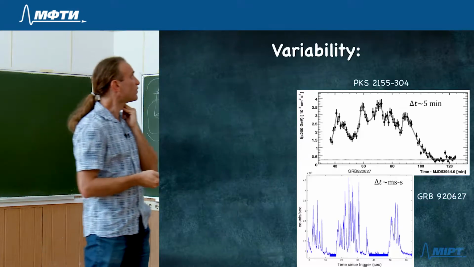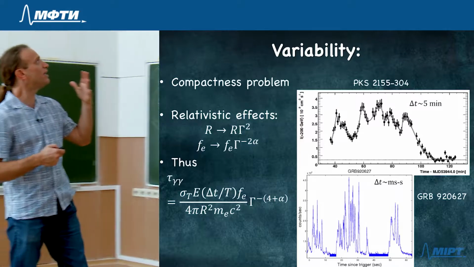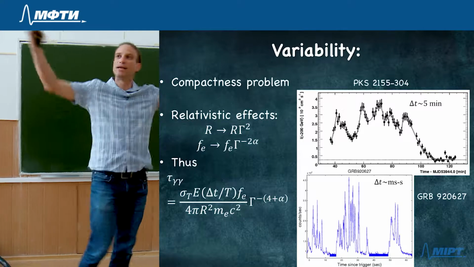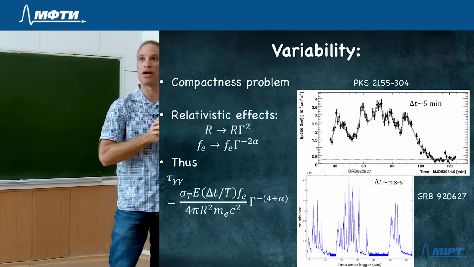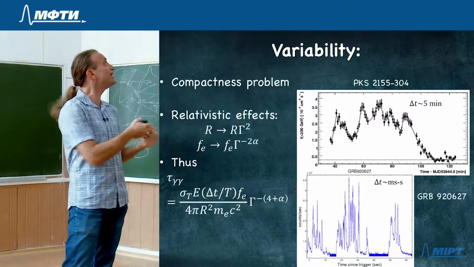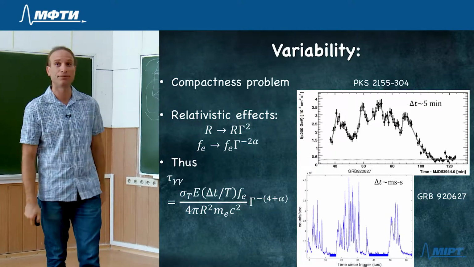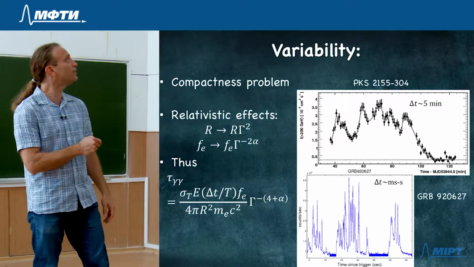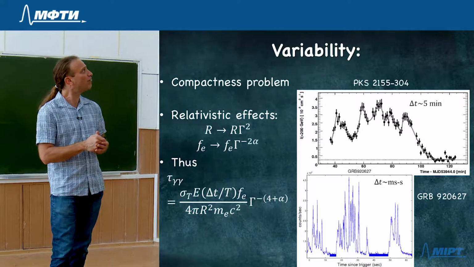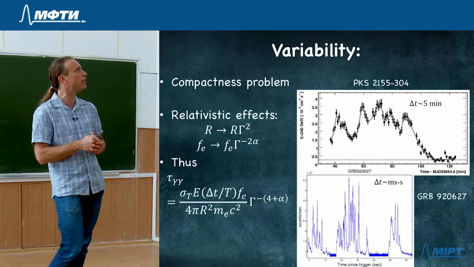So we conclude that if the blob is moving at relativistic velocities, two things happen. First, the energy is larger by a factor of gamma squared. Second, the optical depth to produce pairs within this blob is smaller by a factor of gamma to the minus 2 alpha. So the actual optical depth: remember, we have here gamma squared, and we have here also the fraction of the photons that produce the pairs.